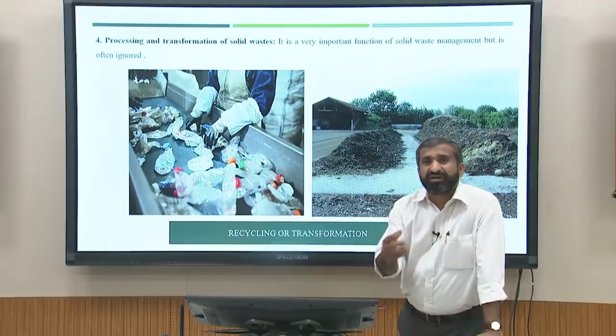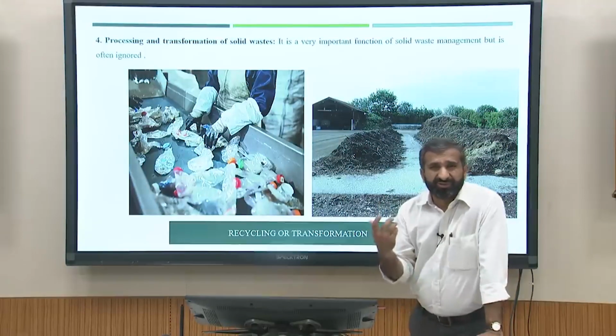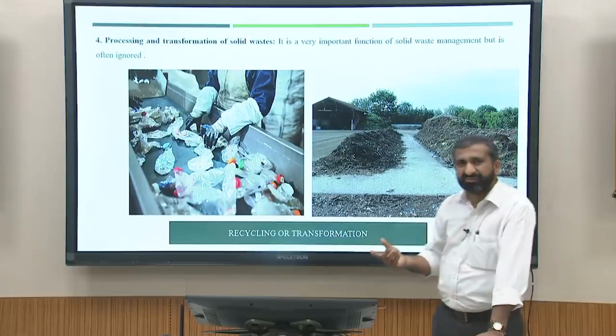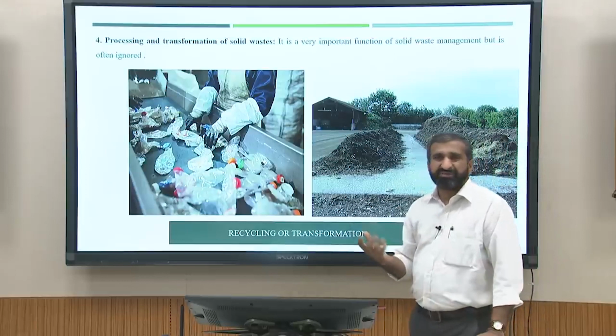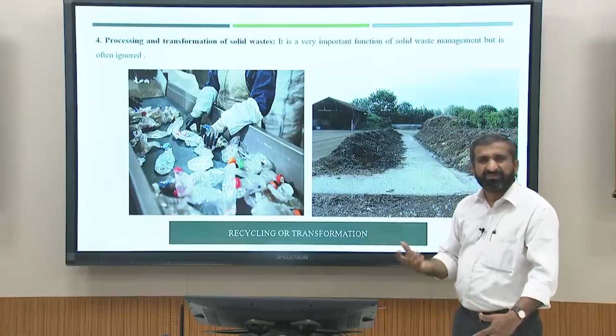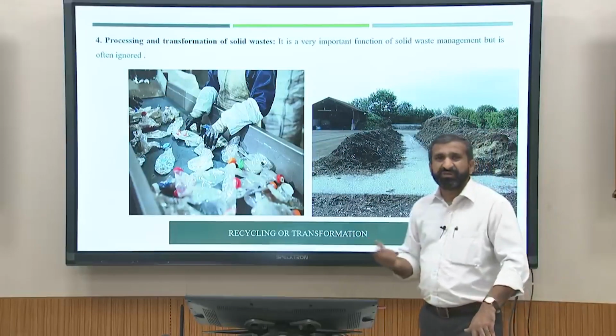We failed to produce a large amount of good quality compost, and it was not very sellable. Because of that, most of our compost plants have failed and were not sustainable for the longer period, because the quality was very poor.